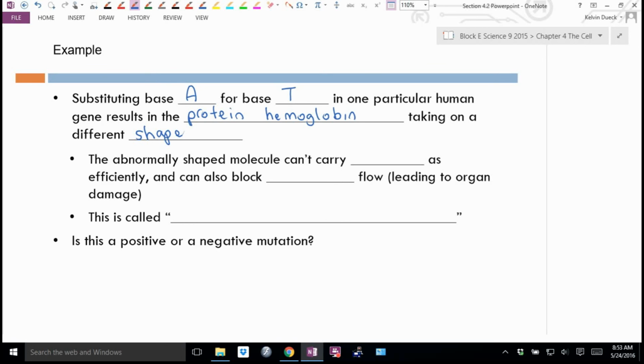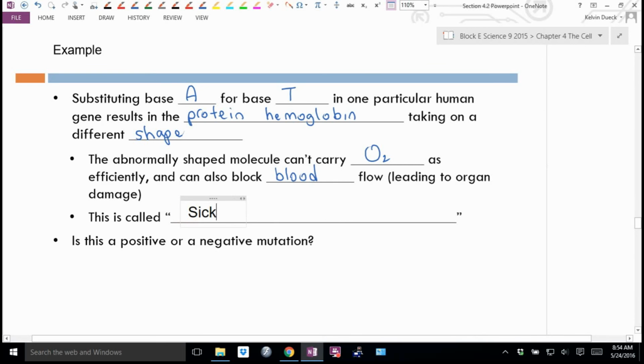So when you have this swap, the protein doesn't quite shape correctly. This abnormally shaped molecule can't carry O2, oxygen, as efficiently. It can also block blood flow. It doesn't go through the really, really small blood vessels as easily as normally shaped hemoglobin does, which can lead to organ damage.